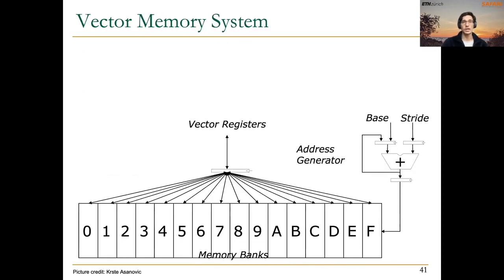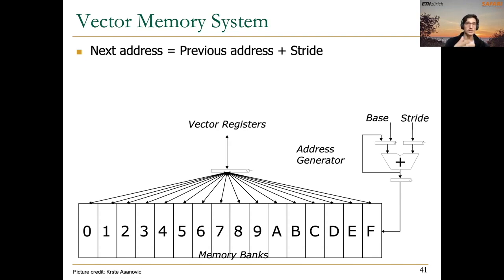How are the addresses calculated? We said before, one of the advantages is that calculating the addresses that we need to access from memory is very easy. Why is that? Because we just need the base and the stride. When generating the addresses to access data in bank 0, bank 1, bank 2, and so on, the only thing we need is an adder to calculate this.